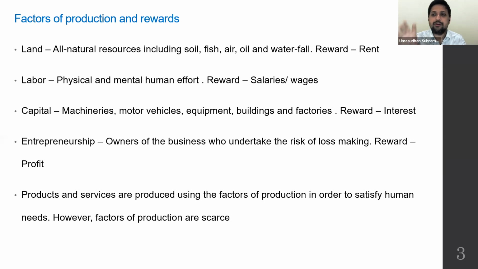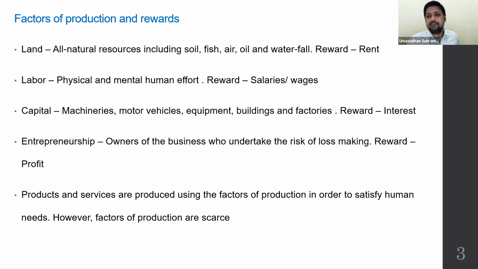This is the problem of scarcity, because these factors of production are available in limited quantities but human needs are unlimited. Economics tries to analyze this, come to conclusions and build theories, and that's what we are going to study today.